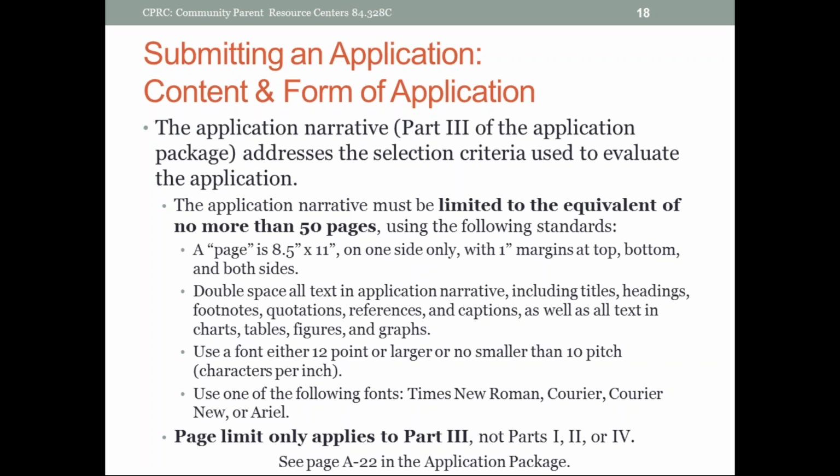This is a place to talk about what staff you have, what resources you might have that could supplement or be an additional help to the CPRC project. So yes, in adequacy of resources, you're not limited to talking about only what you would do with the $100,000. You can and should think about how you're going to talk about your organization and the resources your organization brings to bear. Okay, so let me go back to these formatting issues.